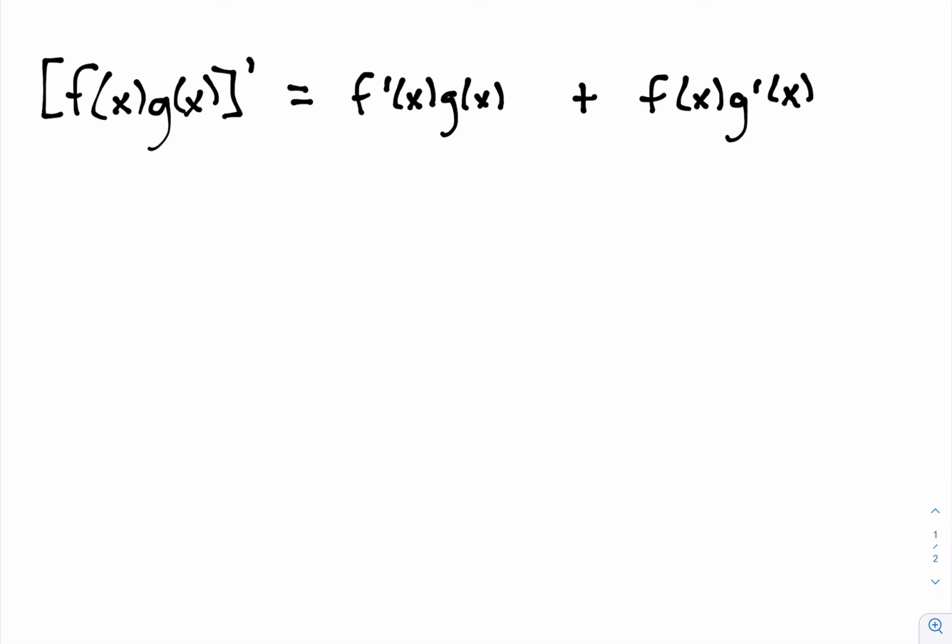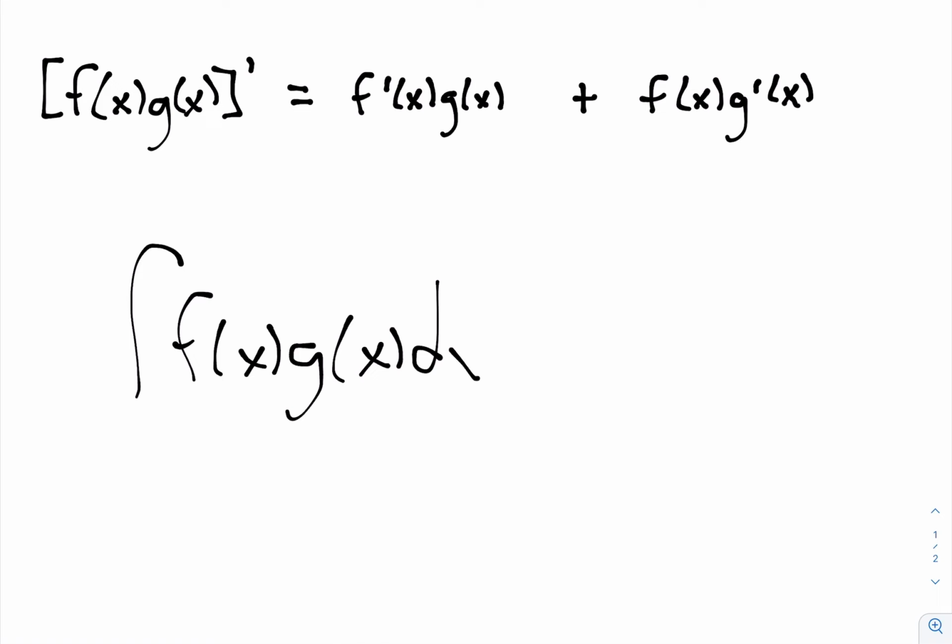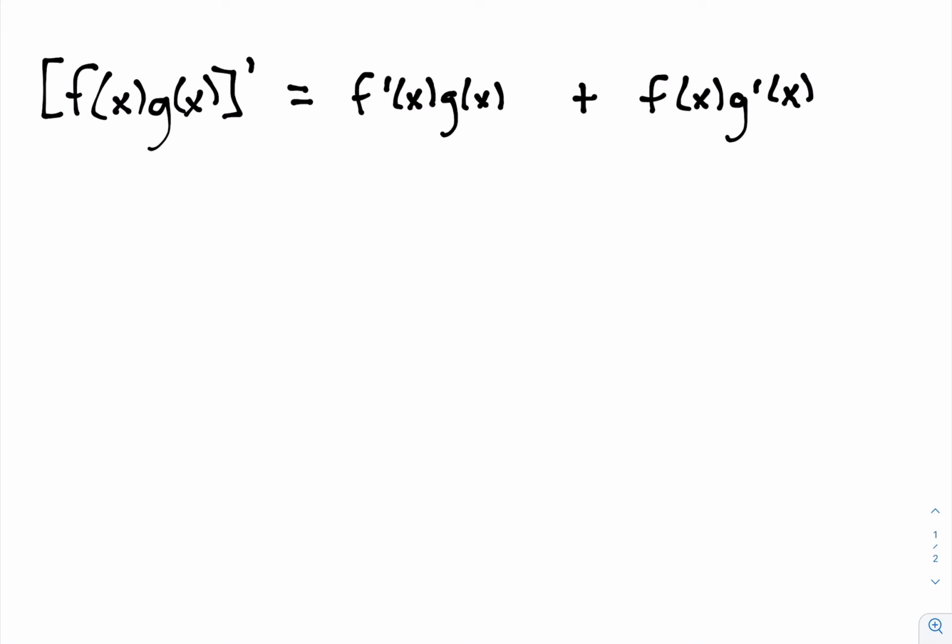So what if we wanted to integrate something like f of x times g of x dx? That's a sloppy integral, but what if we wanted to integrate two things multiplying together that didn't fit our table, or we couldn't substitute? Integration by parts just says, let's integrate both sides.